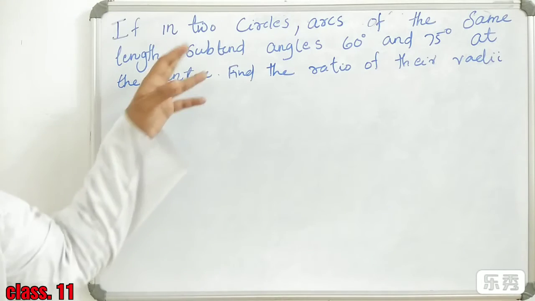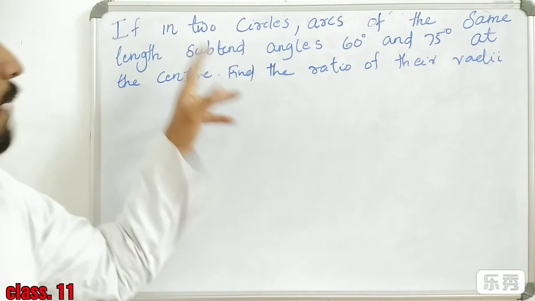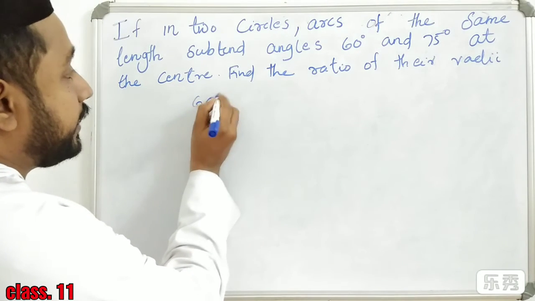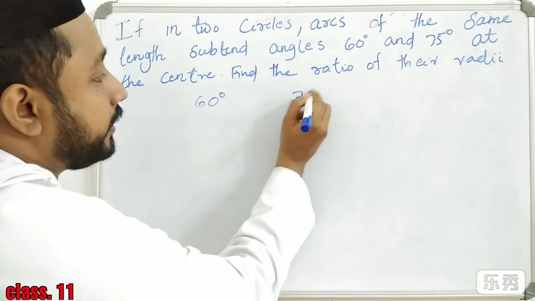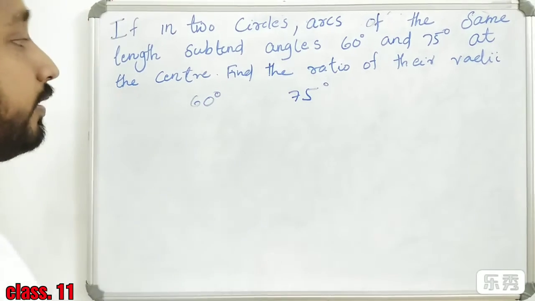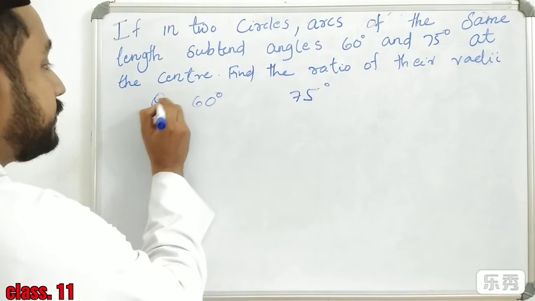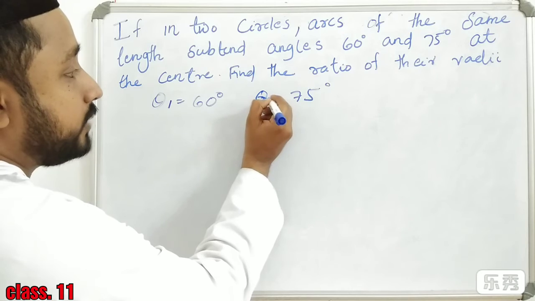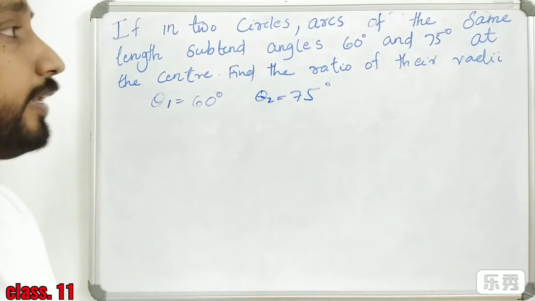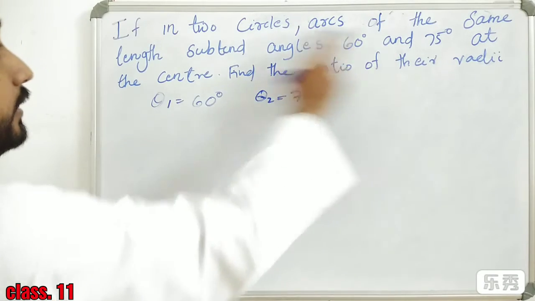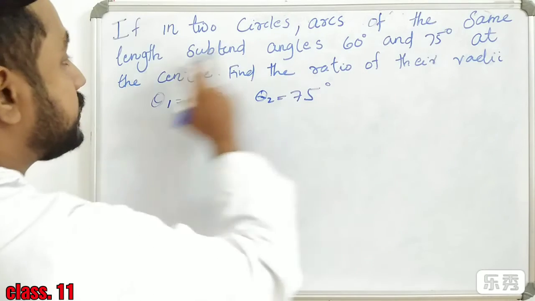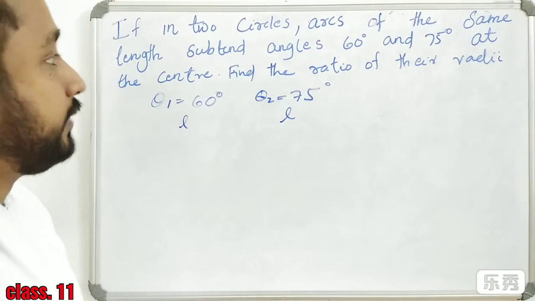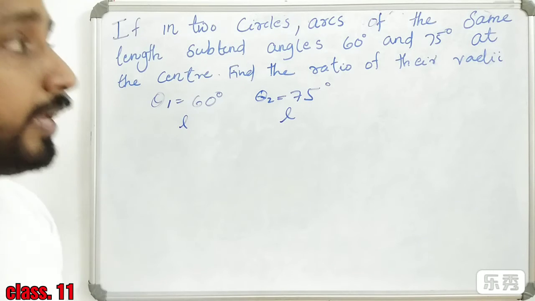We have two circles with arcs of the same length. Theta 1 is 60 degrees, and the angle of the second circle, theta 2, is 75 degrees. The length of both arcs is L. Find the ratio of the radii.